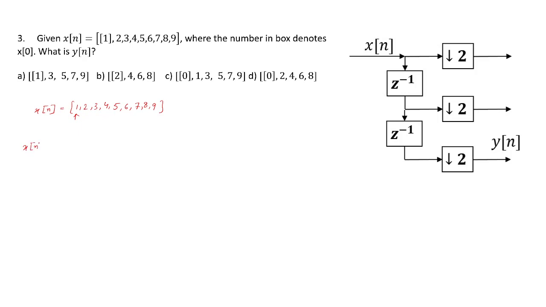Input sequence x of n is at first branch fed to a downsampler block with a factor 2 in its original format. Then it passes through a delay block by 1 unit and is fed to another downsampler block.